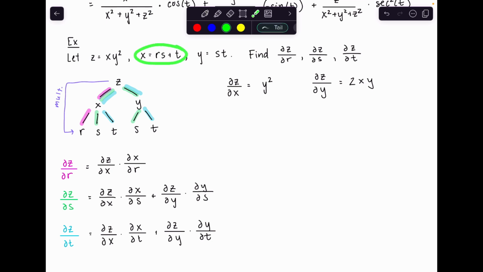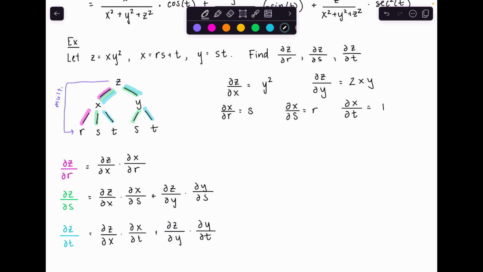Then I've got to differentiate all of these variables with respect to r, s, and t. So we'll start by doing x. Partial of x with respect to r is just going to be s. Partial of x with respect to s, in this case, is r. And then partial of x with respect to t is going to be 1.